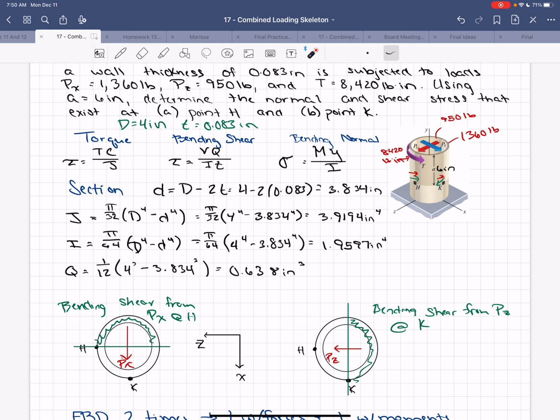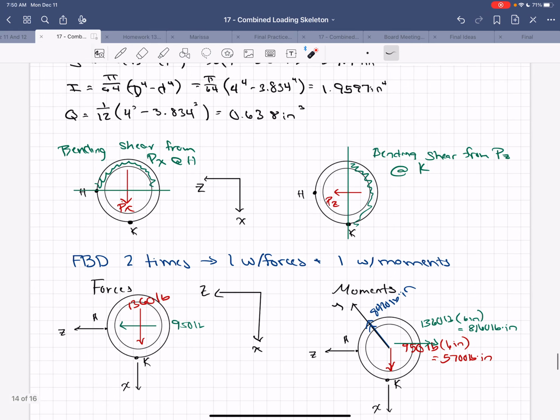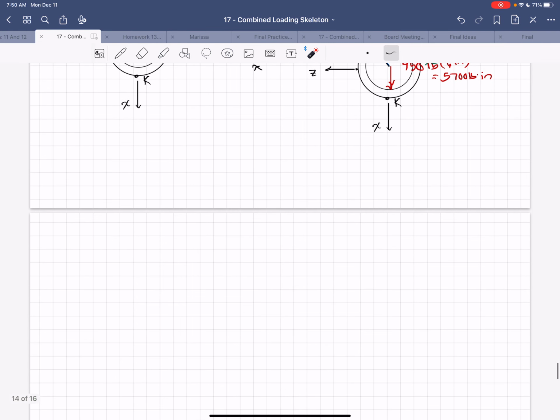And then we are also going to have a bending normal stress from PZ. So that'll be sigma equals My over I. And then at both of these, we'll have a shear from torque. Okay, so let's analyze point H first.